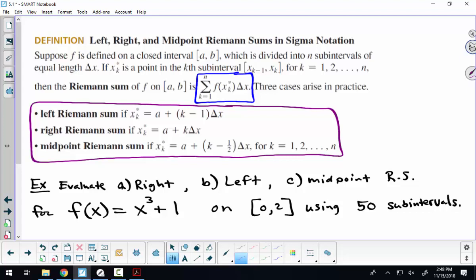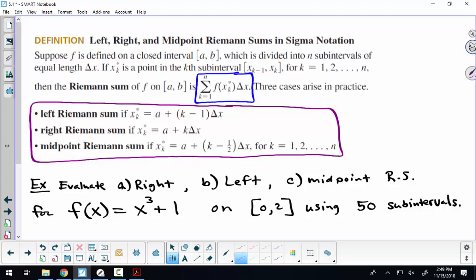For the left Riemann sum, the x value that we evaluate in the function is given by a, our starting value on this interval, plus (k minus 1) delta x. The right Riemann sum is a plus k delta x, and the midpoint Riemann sum is a plus (k minus a half) times delta x.